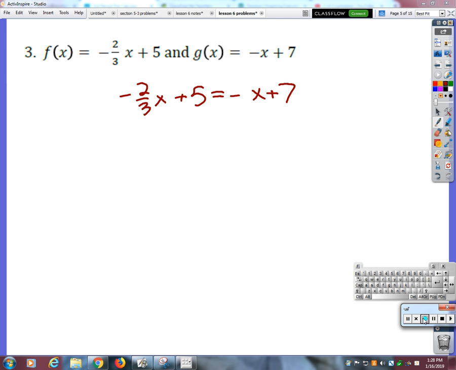All right. So number 3 is the same thing, but the numbers are a little bit trickier. Which one do you want to add to where? You want to go plus x to that side? Okay, I like that. What is negative 2/3 of an x plus an x? If you say negative to start with, you're wrong. Nope. 1/3 x.